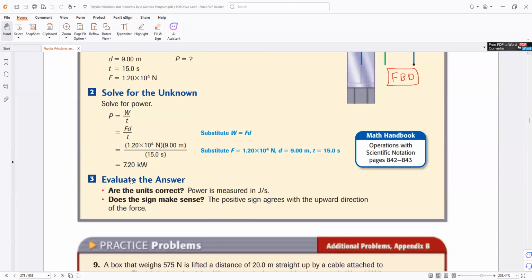You can notice it. Evaluate the answer. Are the units correct? Have you checked it? Does the sign make sense? Are you all clear, everybody? Do you remember, while I was teaching gravitation itself, I told you: now you are studying an object coming towards the ground. Is the G value positive or negative?